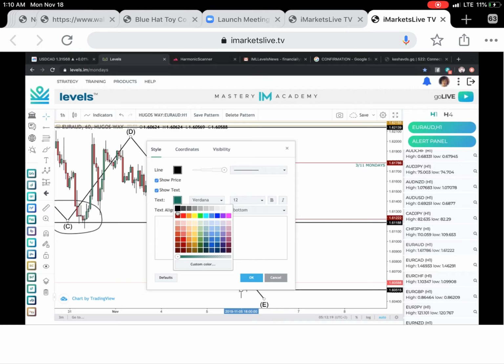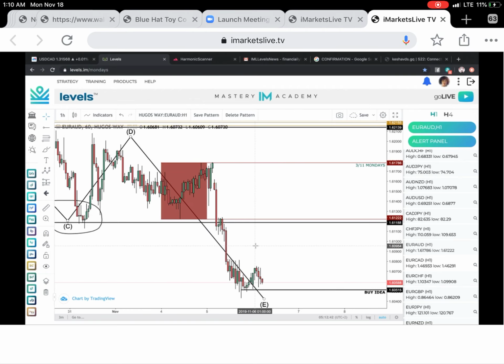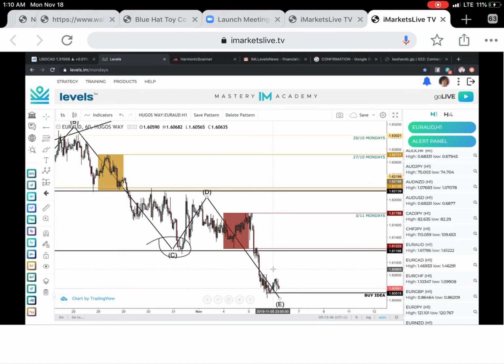That was my buy opportunity. And this market went 35 pips. That was the buy idea, right around that zone there.